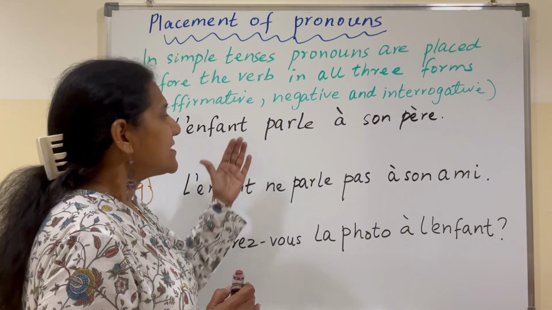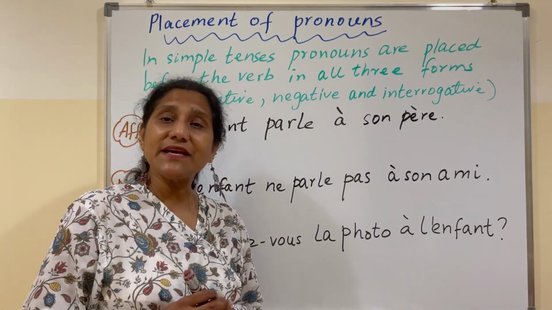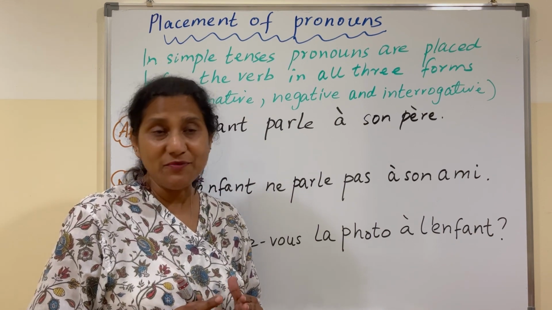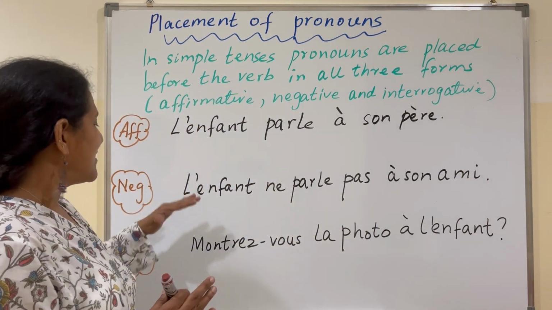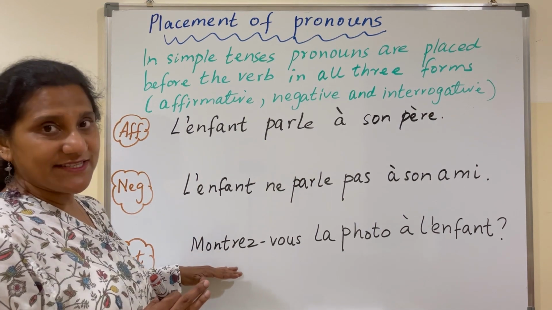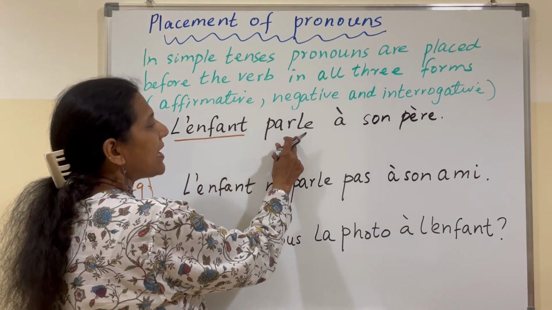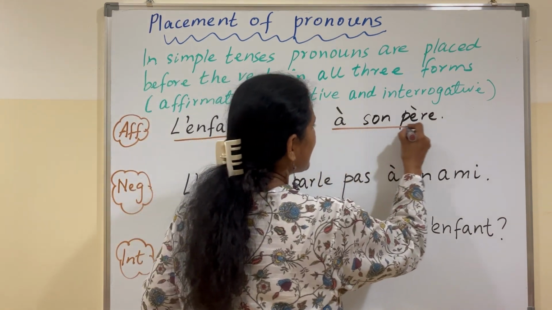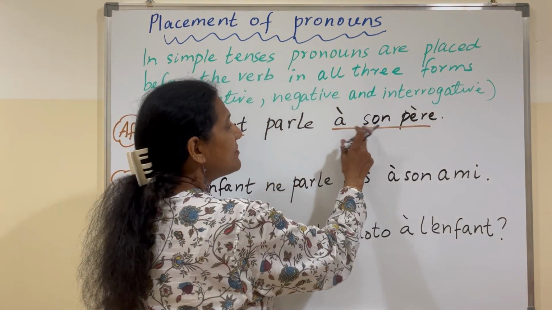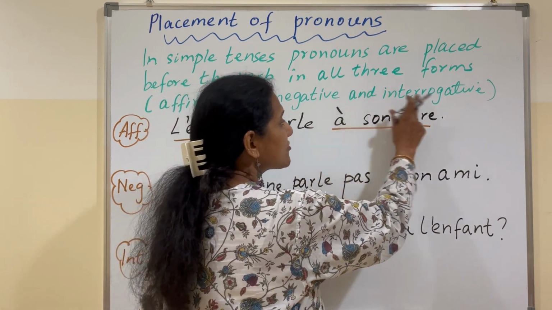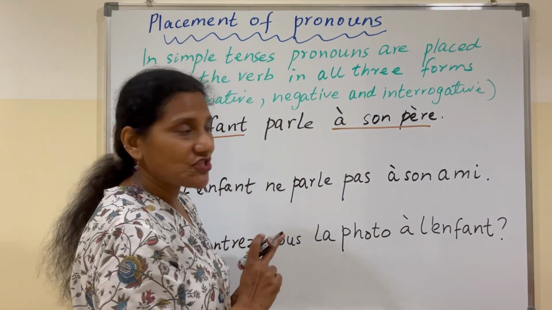Now, we are going to see some more examples where we place the indirect object pronoun before the verb in affirmative, negative, as well as interrogative. So here we've got l'enfant parle à son père. Here we can see that the verb has got a preposition here. So this is going to be an indirect object.